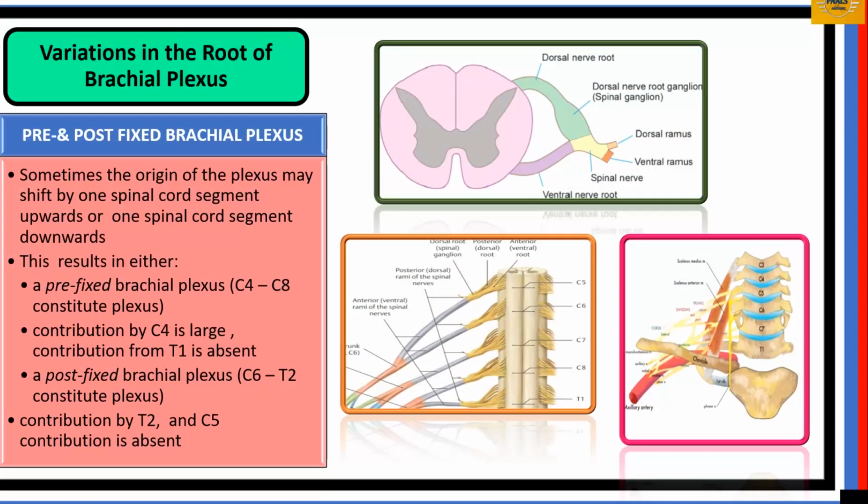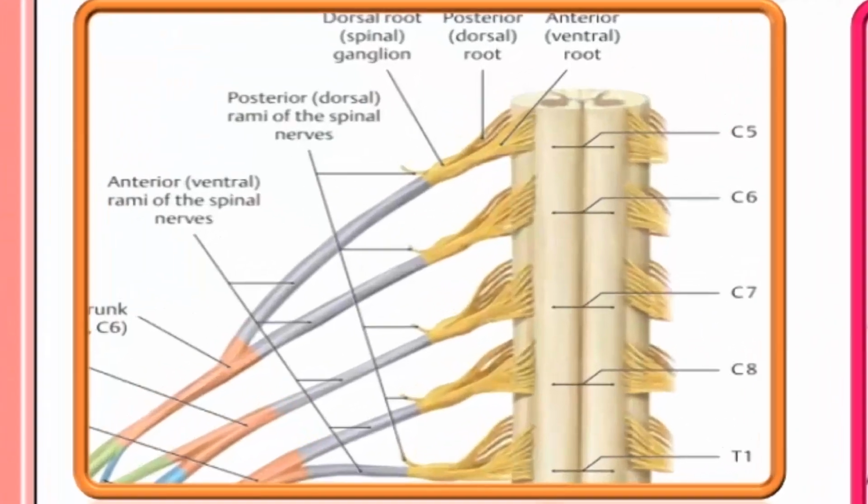In this formation, we've already noted that the roots that we're interested in are C5 to T1, but sometimes the origin of the plexus may shift by one segment. It may go up or it may come down. In this picture, this is the normal distribution of roots, that is C5 to T1. Now, in such variation where we have a segment up, that means at this point we'll be talking about C4.